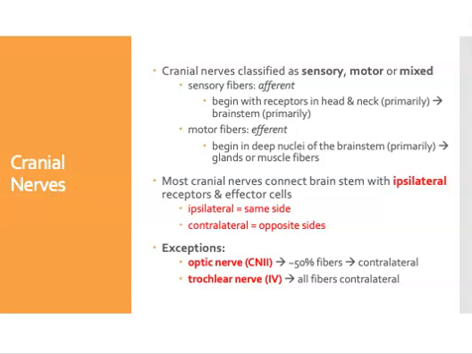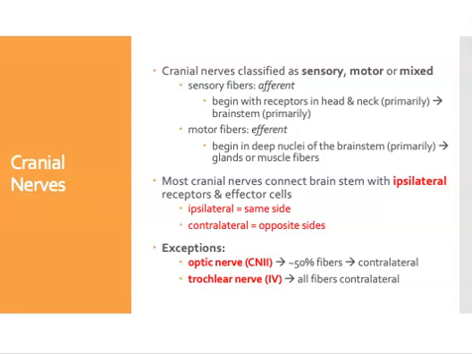When we look at the cranial nerves, it's a little bit different. In the cranial nerves, some of them are going to be purely sensory, some of them are going to be purely motor, and some of them are going to be mixed. Remember, sensory fibers or afferent fibers are what are coming in from the periphery into the central nervous system.